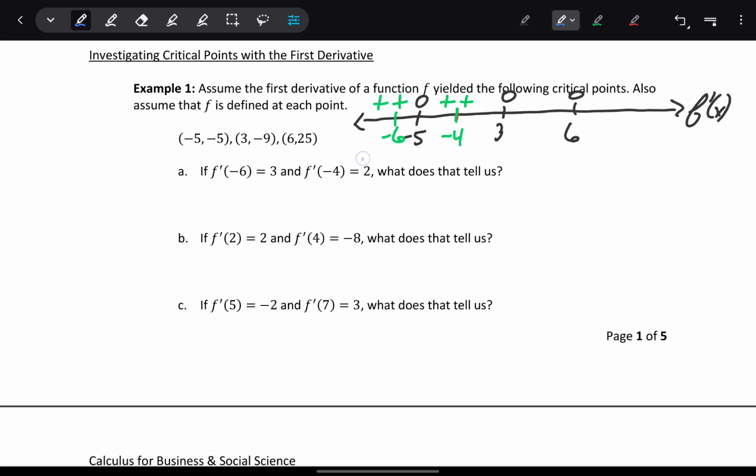What we would have is a function that's increasing, levels out for an instant, meaning the instantaneous rate of change becomes 0 or the graph becomes horizontal for an instant, and then continues increasing. Since the sign of the first derivative didn't change from one side of that 0 to the next, we have neither a maximum nor a minimum.